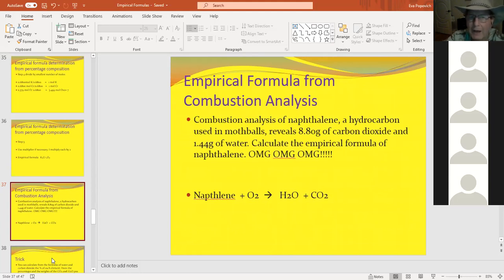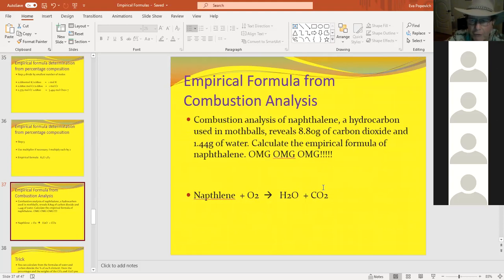What you have to realize is that in combustion analysis, I'm adding oxygen to the hydrocarbon and I'm only making H2O and CO2. All of my naphthalene is getting converted to H2O and CO2.